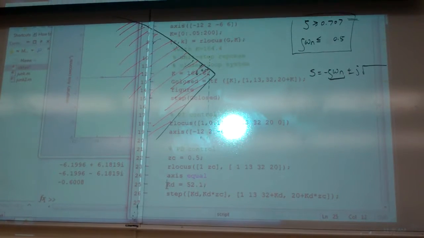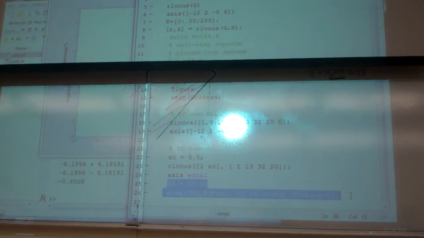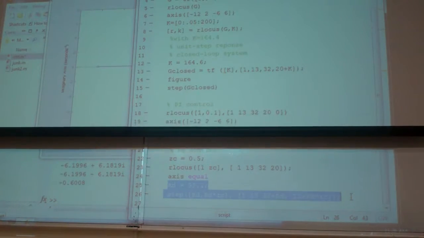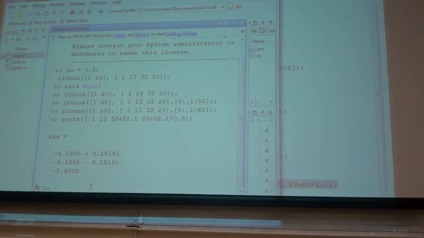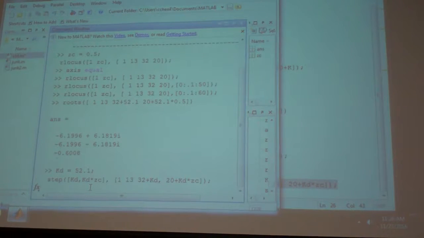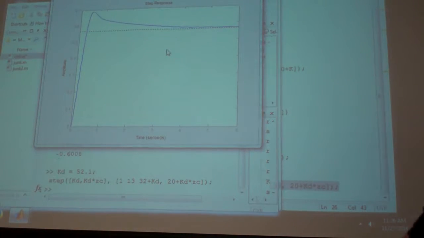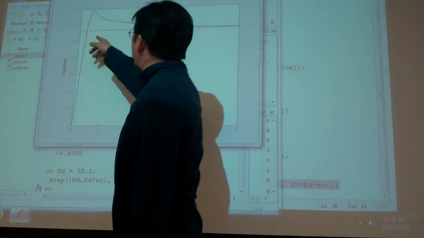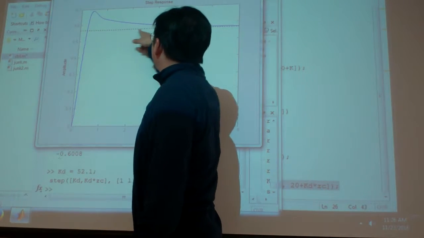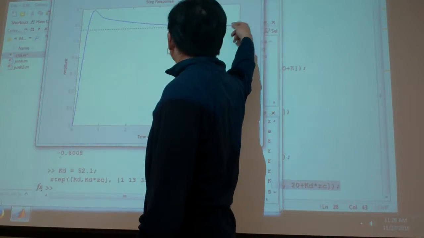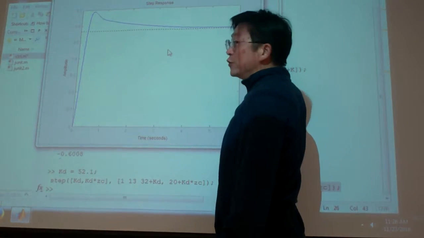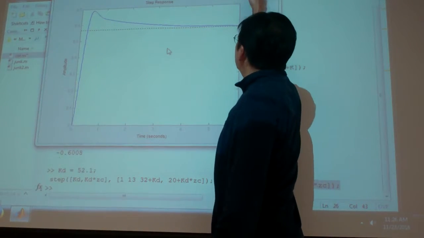So we see the unit step response. That is this one, with a little bit of overshoot, but you can see the steady state value is less than 0.6, and our unit step input is 1 here.